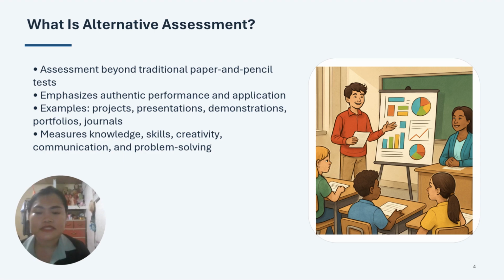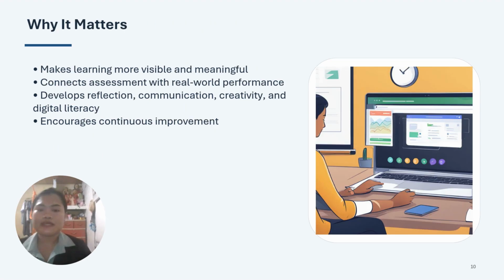Therefore, alternative assessment allows teachers to see abilities that may not be fully demonstrated through traditional tests. Why it matters: it makes learning more visible and meaningful, connects assessment with real-world performance, develops reflection, communication, creativity, and digital literacy, and encourages continuous improvement.